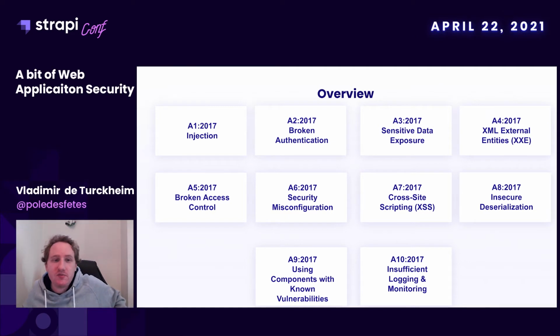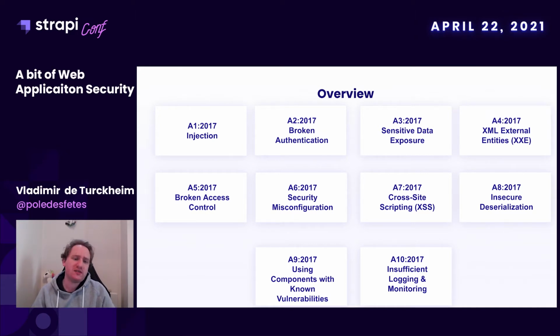There are 10 elements in the OWASP Top 10. The first one, named A1, is injection. The second one is broken authentication. The third one is sensitive data exposure. The fourth one, XML external entities, most known as XXE.